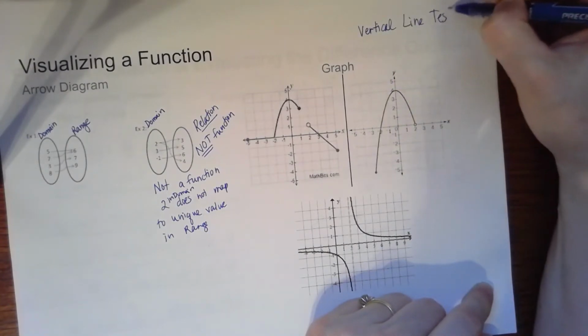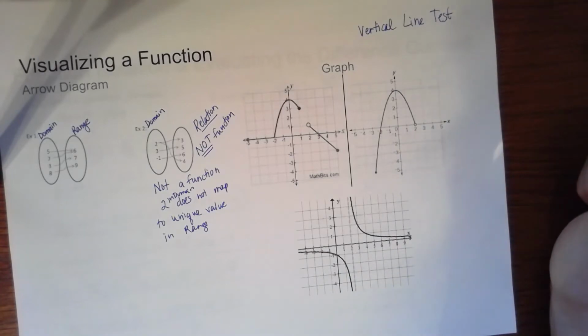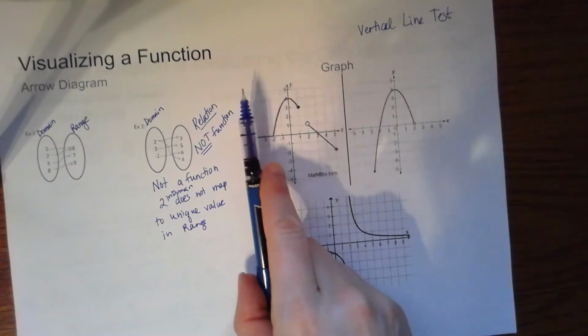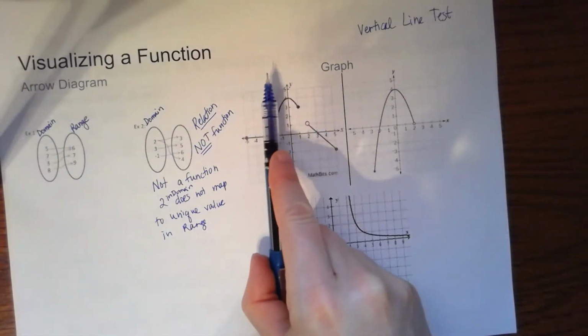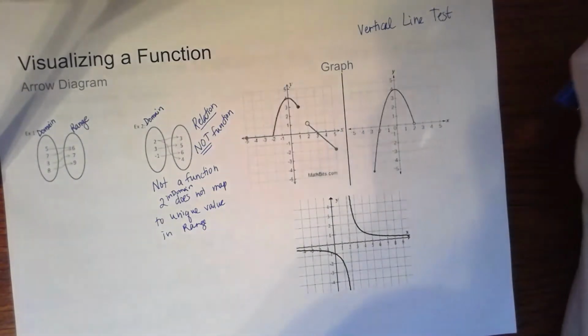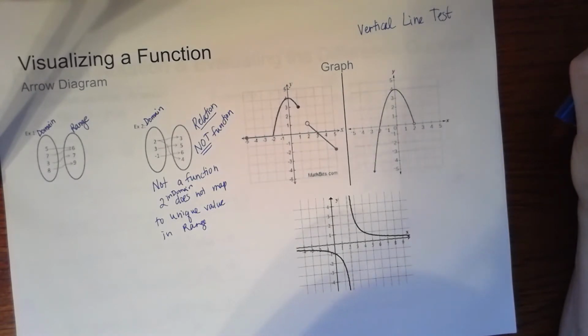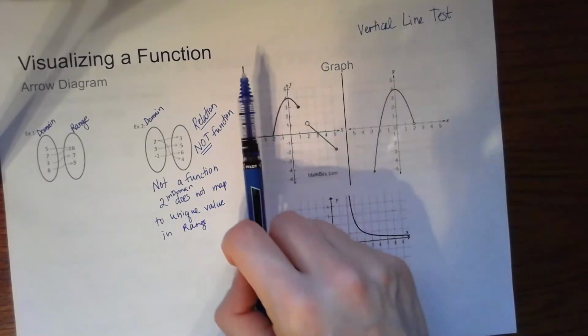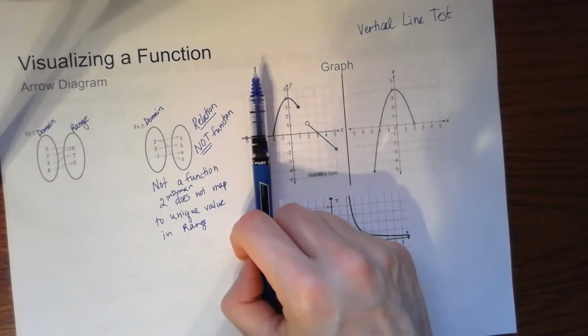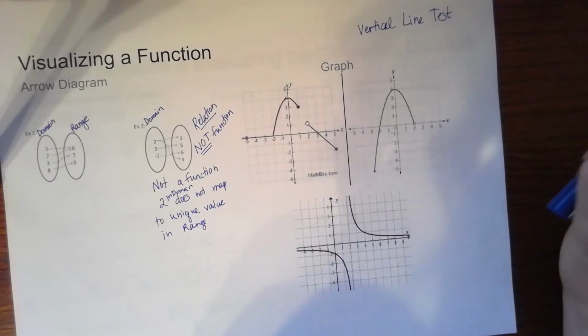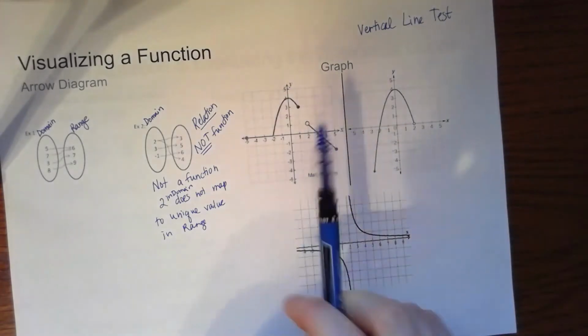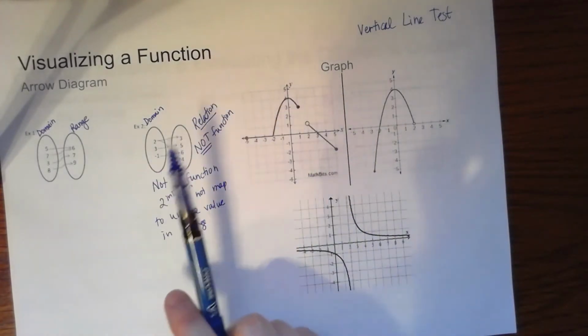The vertical line test says that if I have a vertical line, any vertical line, and it passes through my graph at exactly one spot, then it's a function.